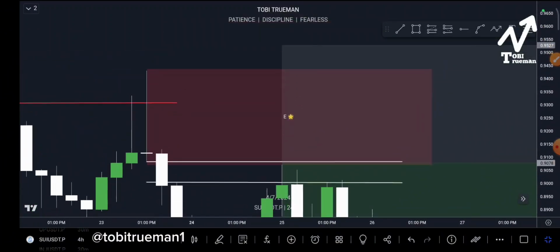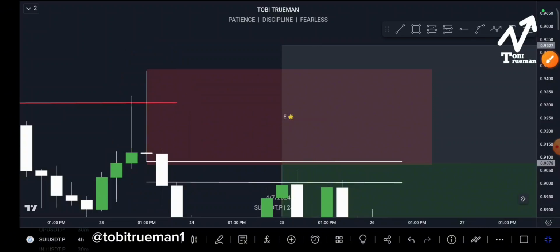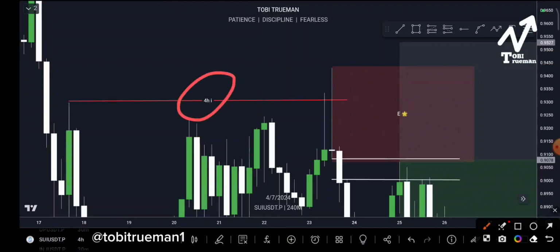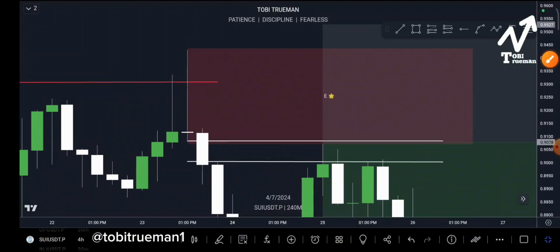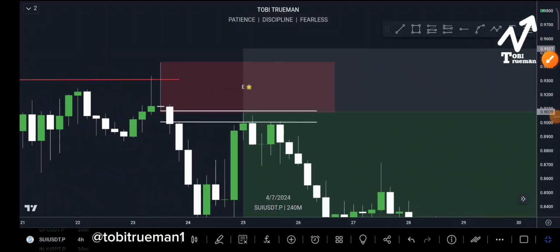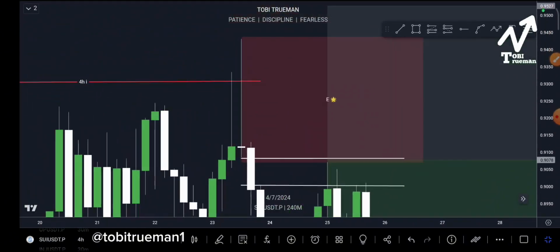You see, this is our evening star candlestick pattern, right? It came after price had taken inducement. Price took the 4-hour inducement, and that was the reason for the signal. After price did that, I placed the sell 2 here at this low point of this middle candlestick.